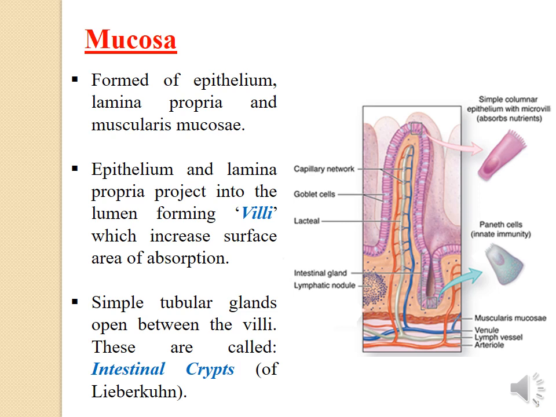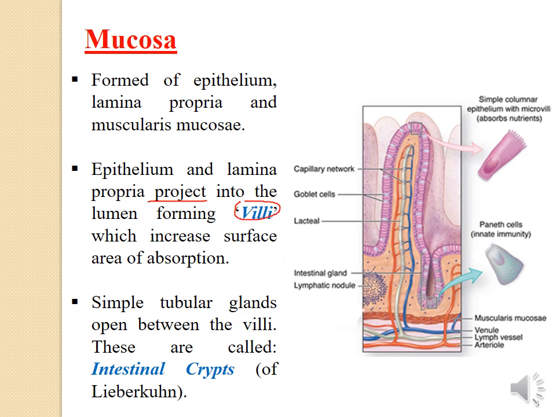Let's start with the first layer, the mucosa. Mucosa, as we have said, is formed of epithelium, lamina propria, and muscularis mucosae. The epithelium and lamina propria of the small intestine, this is important, project into the lumen to form villi.